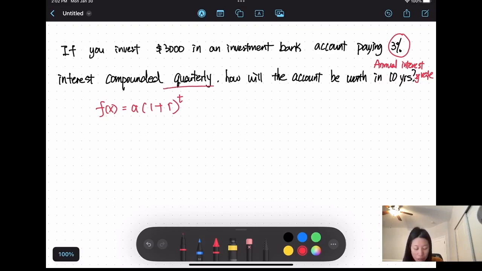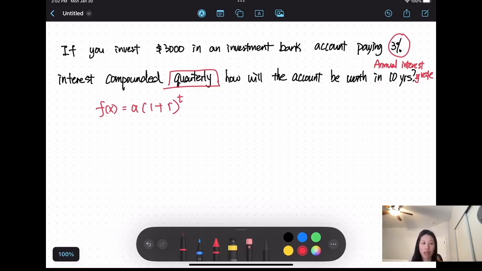However, the interest is compounded quarterly, so you see there's something disconnected here. One is giving you an interest rate based on yearly, and the other compounds quarterly.